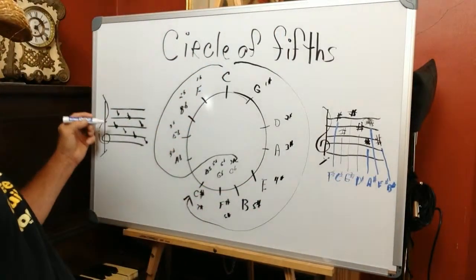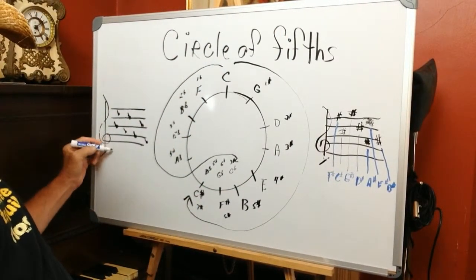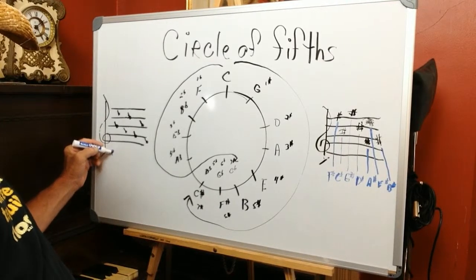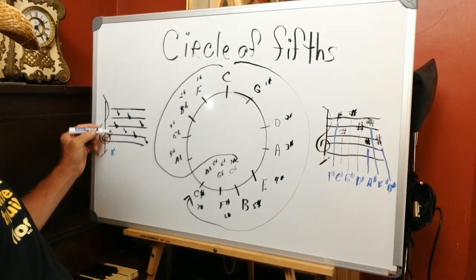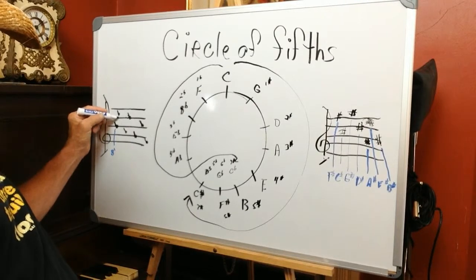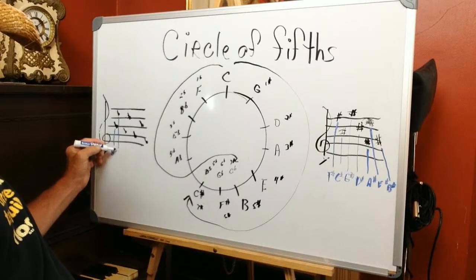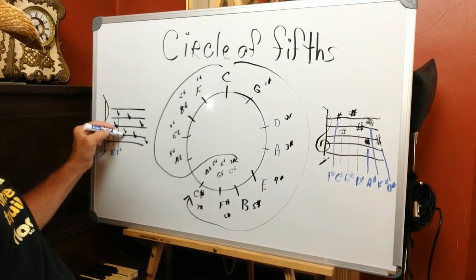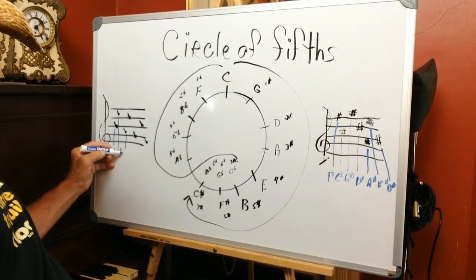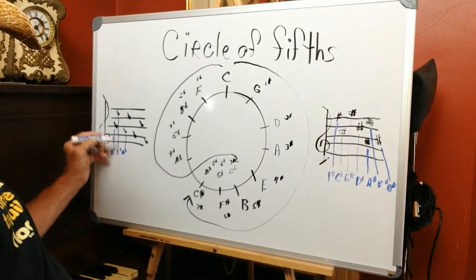Okay. This way we have a B flat. We have an E flat. And we have an A flat.